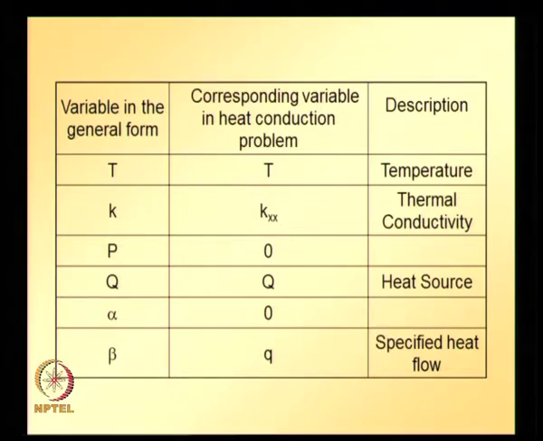Once we have this comparative table, we can take the element equations that we have for the one dimensional boundary value problem and make substitution with the corresponding variables for a specific problem. Here it is the heat conduction problem. Once we do that, we get the element equations for the heat conduction problem, so we do not need to repeat the entire procedure each time.